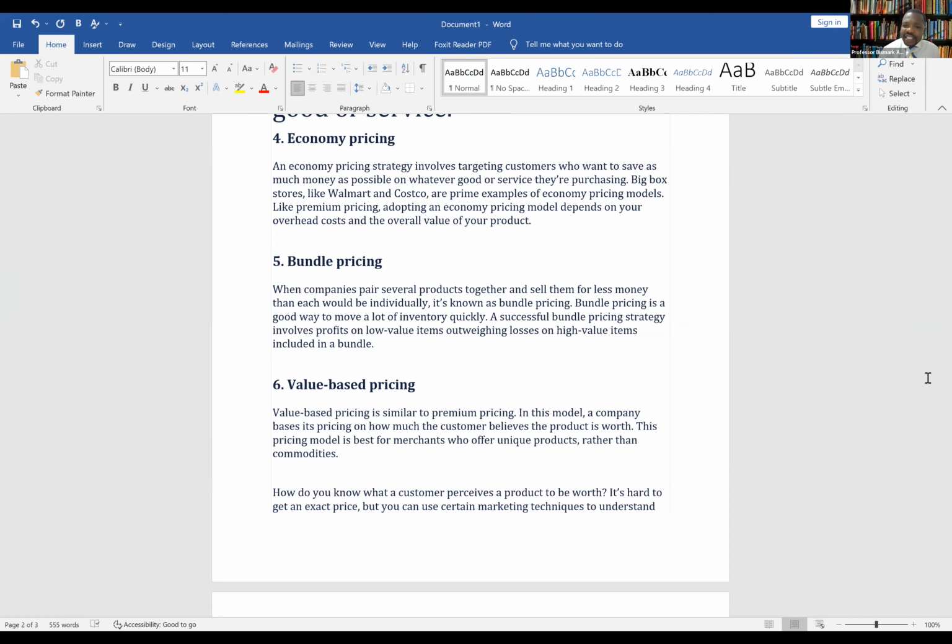A successful bundle pricing strategy involves profit on low-value items outweighing the loss on high-value items included in the bundle. So it's a strategy where businesses can ensure that they move their inventory, and mix and match a high-end priced item with a low-end priced item to be able to move it.